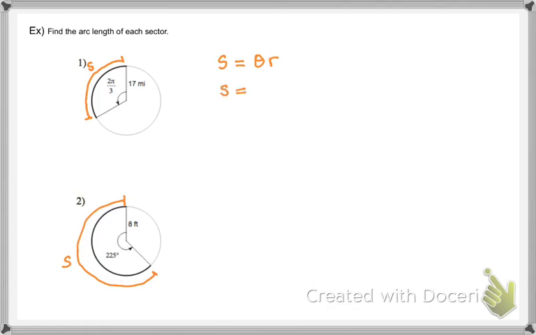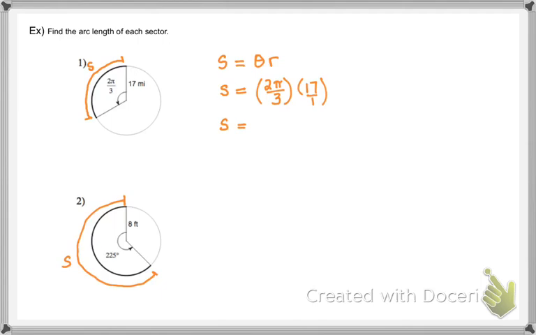Arc length is equal to my central angle, 2 pi over 3 radians, times the radius, which is 17 miles. So I'm just going to put 17 there, which is really just 17 over 1 if you think about that as a fraction. And then when you multiply fractions, you just multiply across.